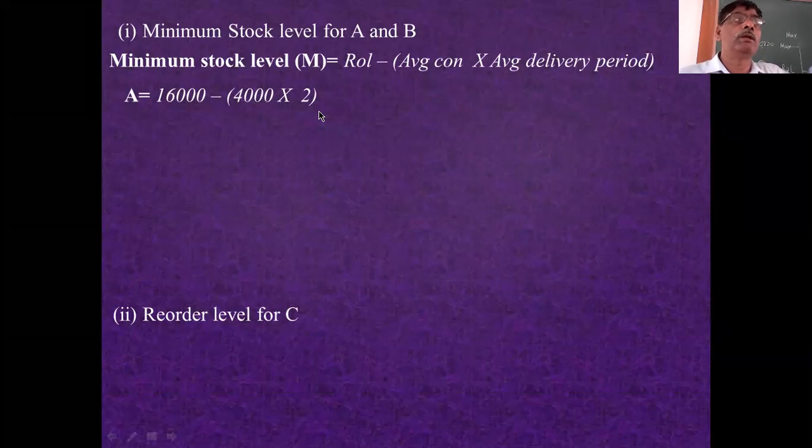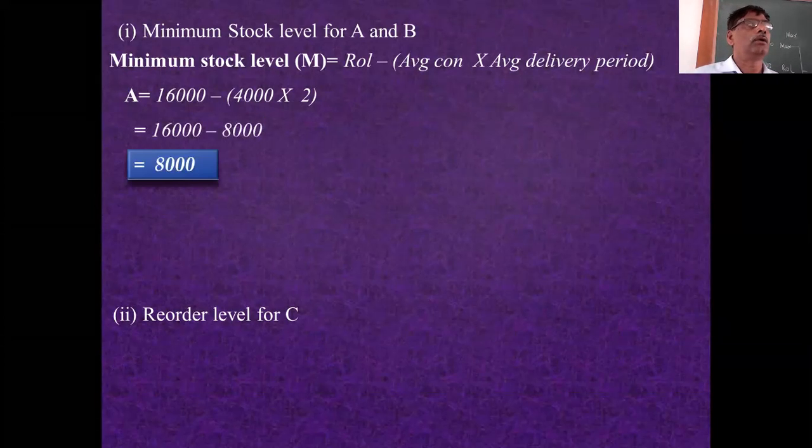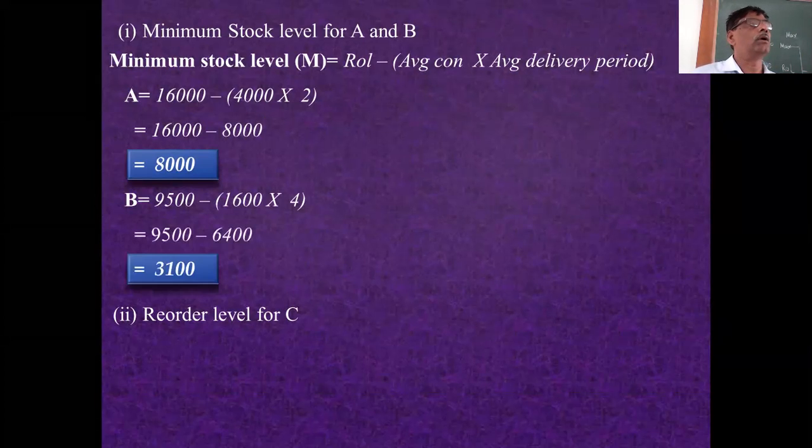You take the information from the A column and fill the values. A answer is 8,000. Okay. Then you take B. Don't write the equation again. Below A, you take B. B is equal to 9,500 as the ROL minus average consumption into average delivery period, 1,600 into 4, equal to 3,100.